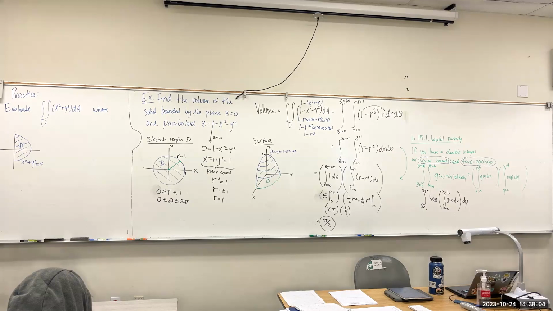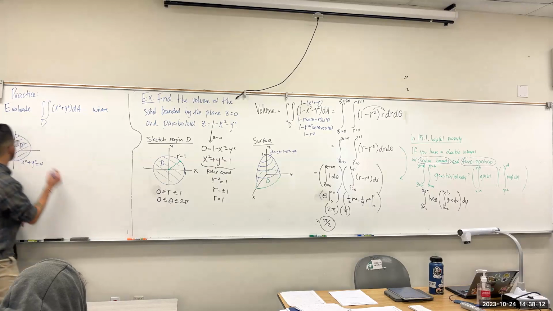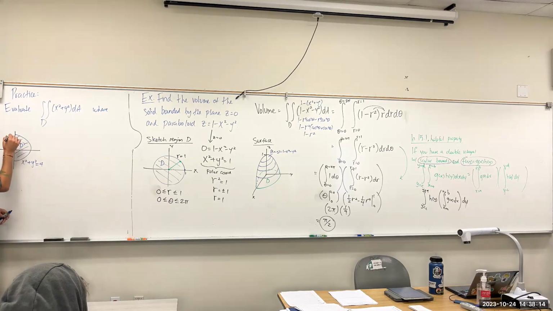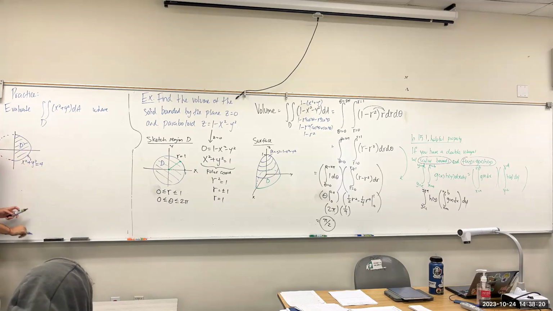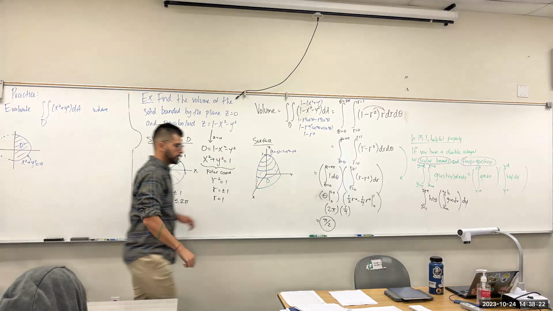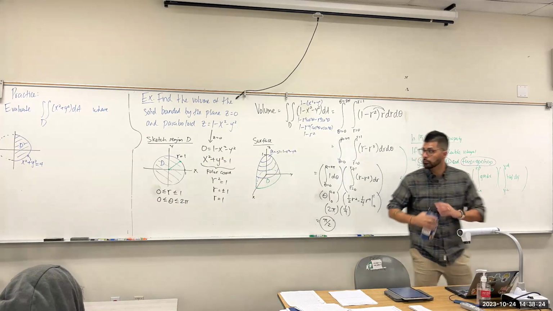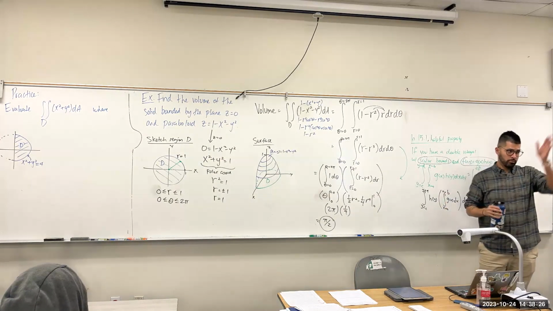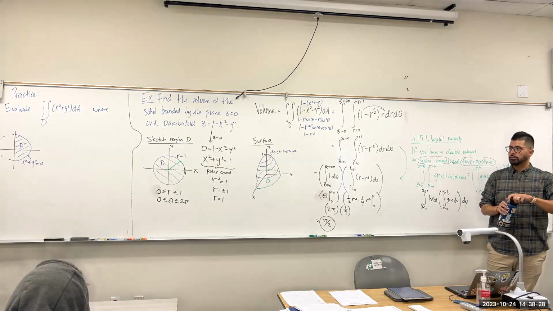I guess I'm showing you that boundary. Here, I'll go like this. That's the equation of this circle here. But D is only that region. Only half of that part.